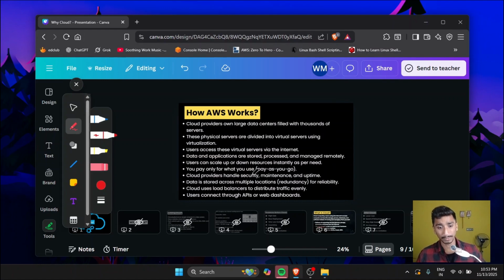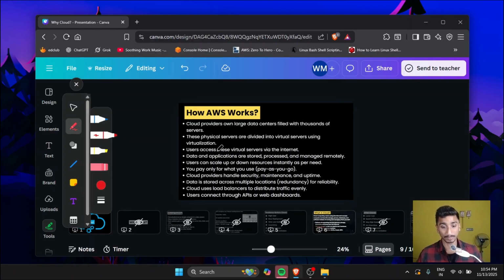So how does AWS work? Cloud providers own large data centers filled with thousands of servers. These physical servers are divided into virtual servers using virtualization. Users access these virtual servers via the internet. Data and applications are stored, processed, and managed remotely.